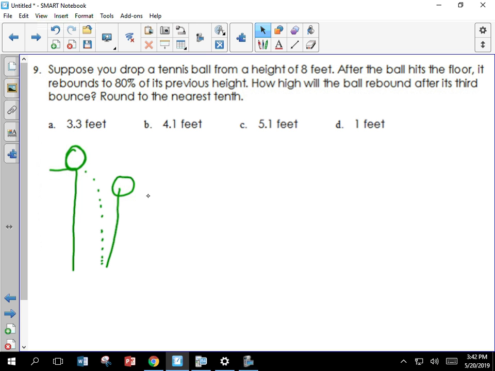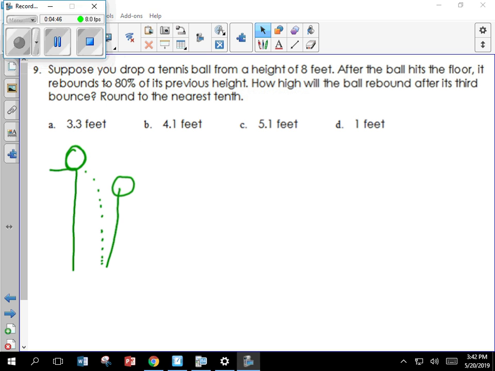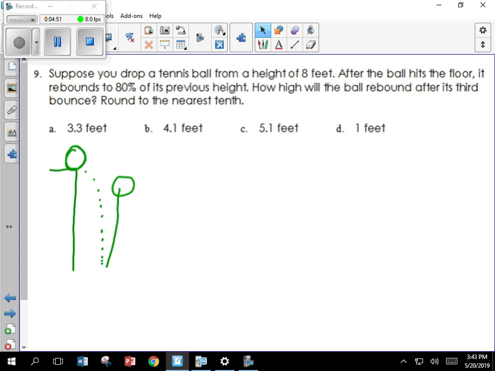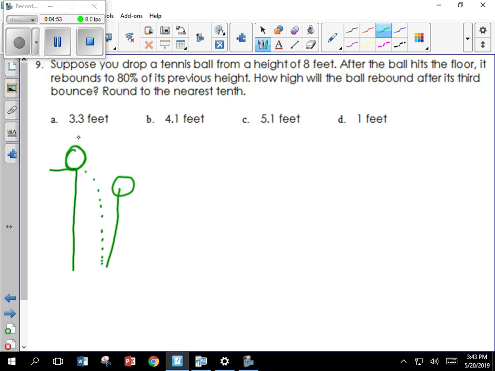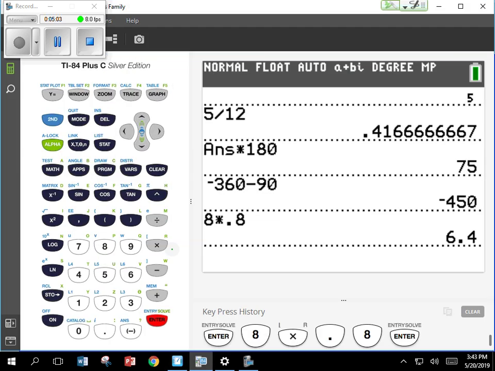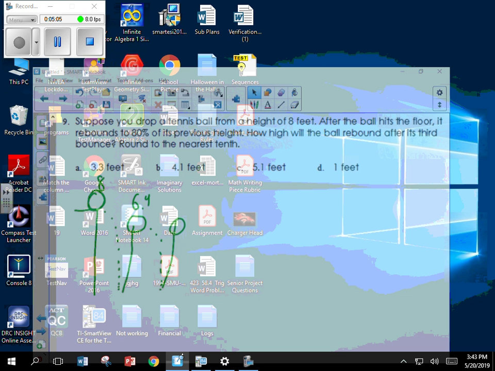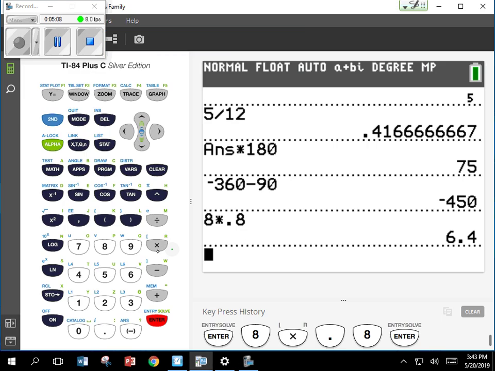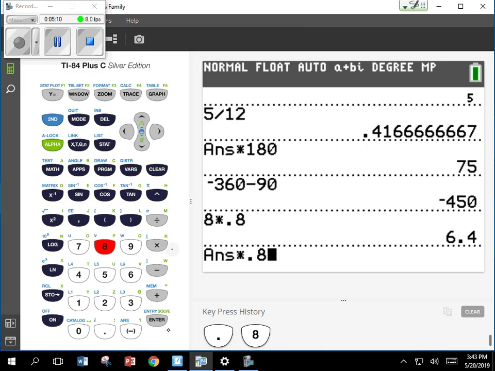So the first height was, we started out with 8. Now we're at 6.4. So it bounces again and bounces up. And then I'm going to do 80% of that. So I'm going to times 0.8, enter.